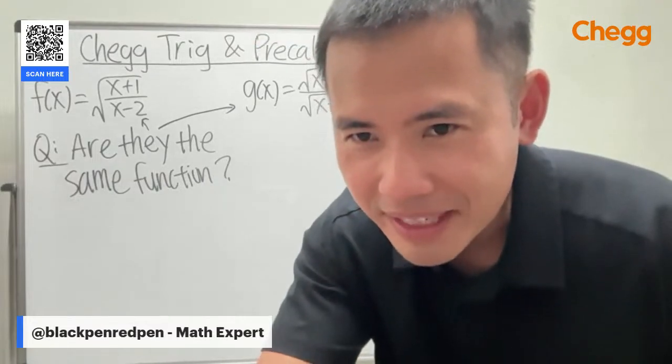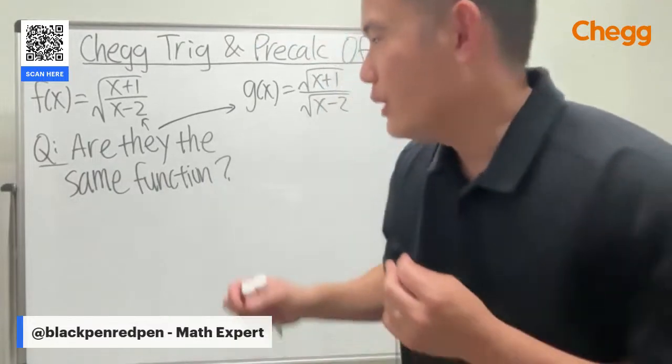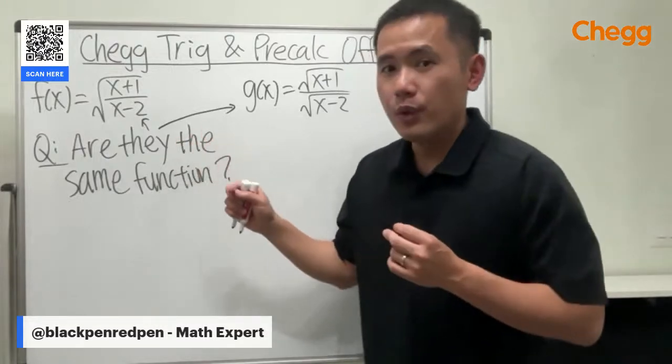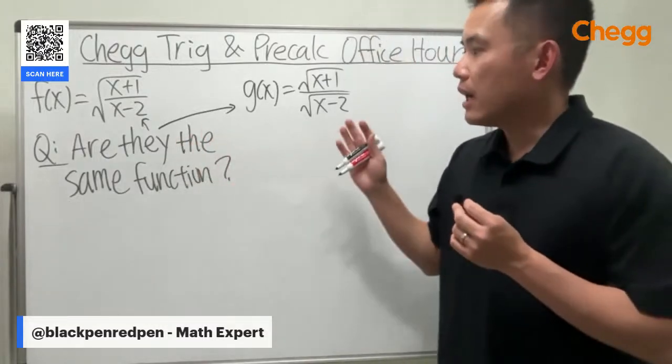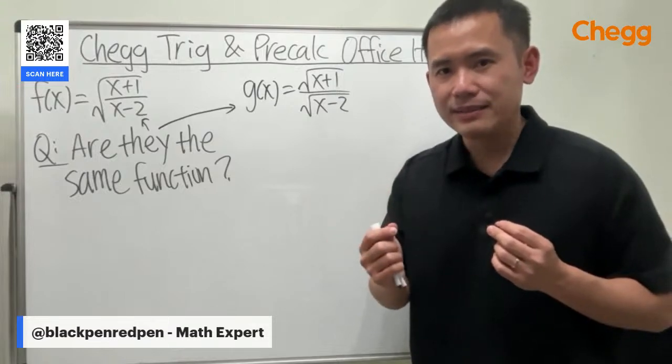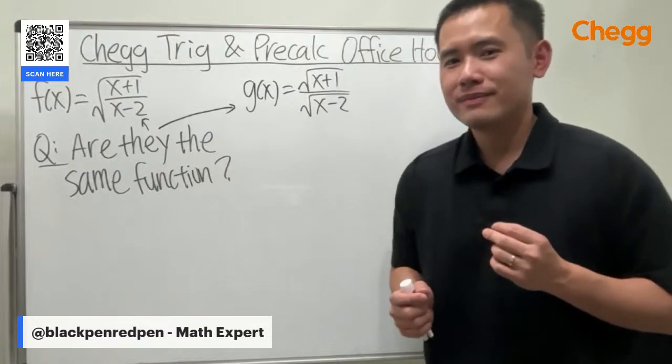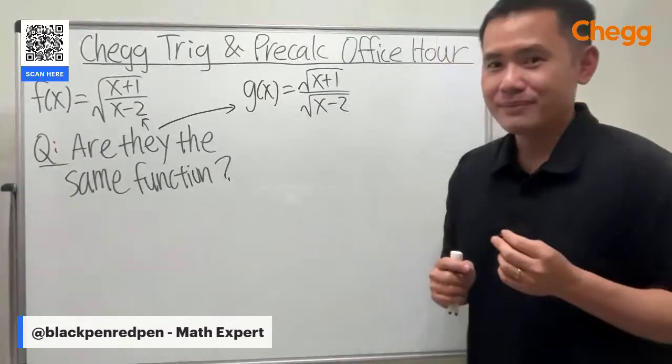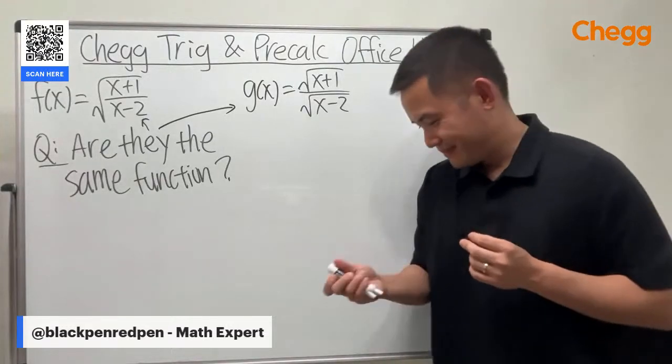Hey, George, you say kind of, not exactly. Well, if we had to say they are the same function, we are talking about are they the same function for all x in their domains? Be careful now.